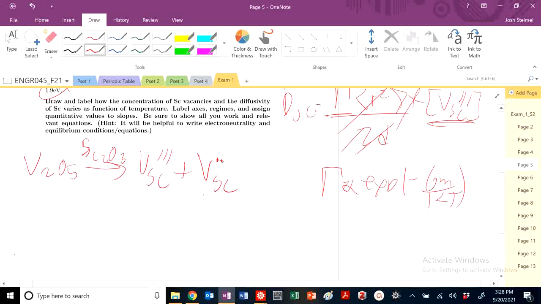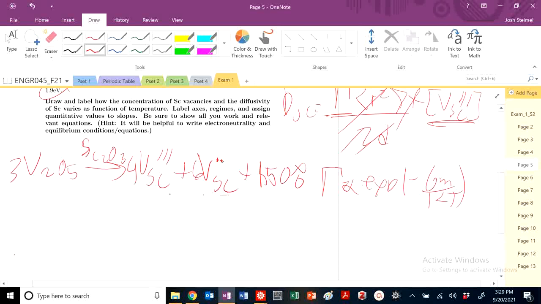I also know I need 2 of these at least, but 2 will give me 4, and that's not going to work. I think I'm actually going to need 6 of these and 4 of these, because then that balances. So that's a vacancy, and the oxygen comes out to 15.